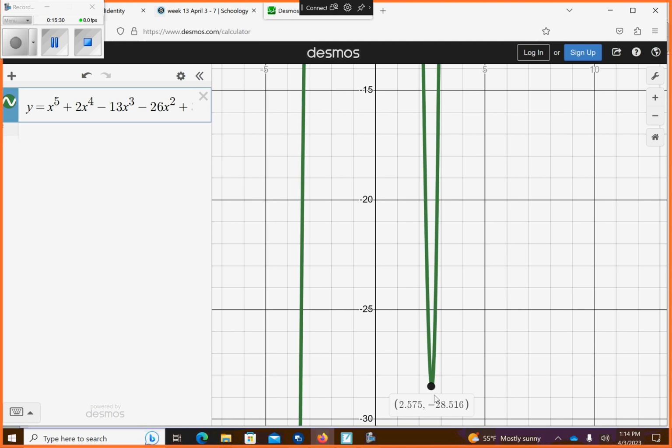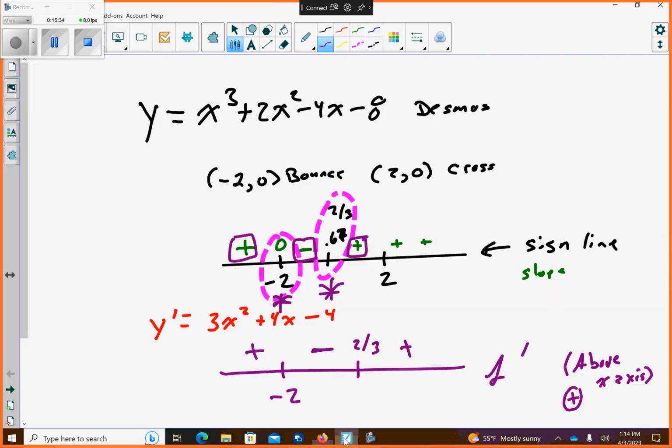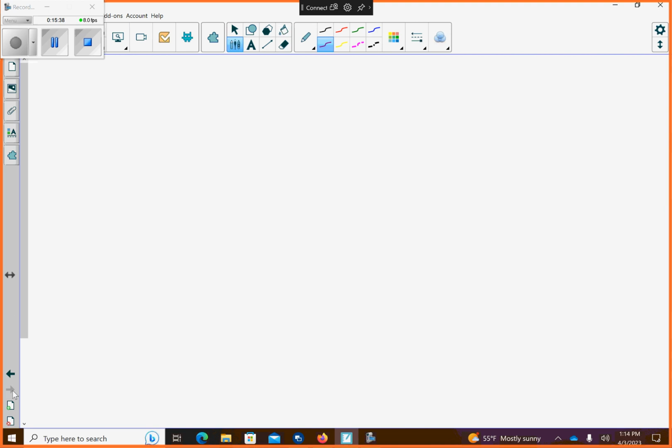Okay? So by using Desmos, let's see if we can do something with this function.